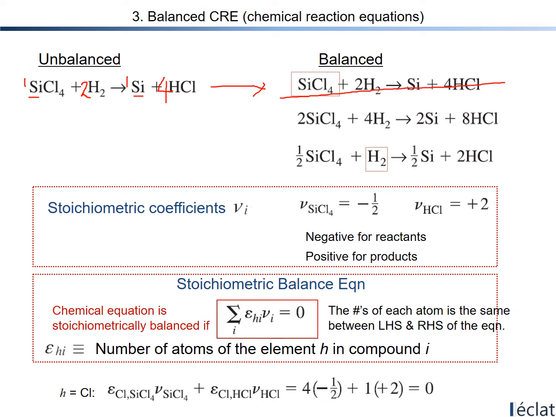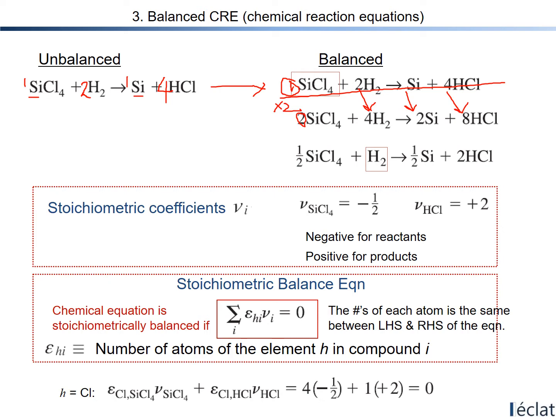But sometimes you can change the stoichiometric coefficients by multiplying by some values. So by the factor 2, the stoichiometric coefficient of silicon tetrachloride goes to 2, and 2 goes to 4. Also 1 goes to 2, while 4 goes to 8.